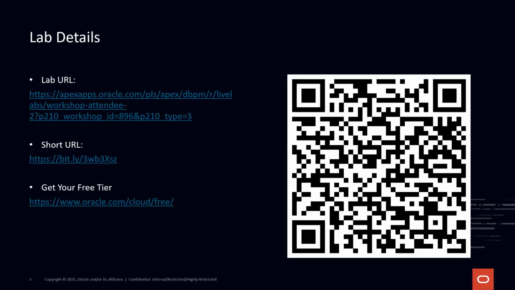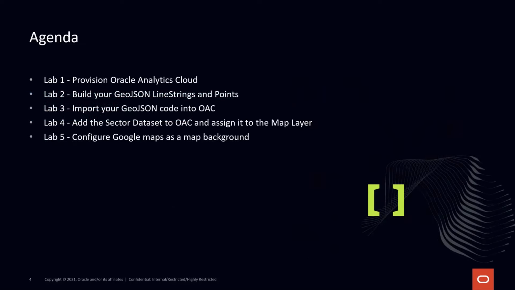So without further ado, let me move on to the lab today. Today's lab to create a racetrack will consist of 5 sections. First, we'll go through how you can provision or create an Oracle Analytics Cloud instance on Oracle Cloud.